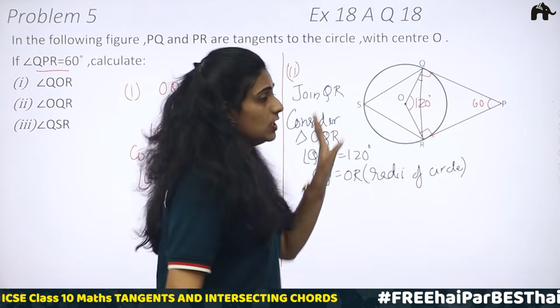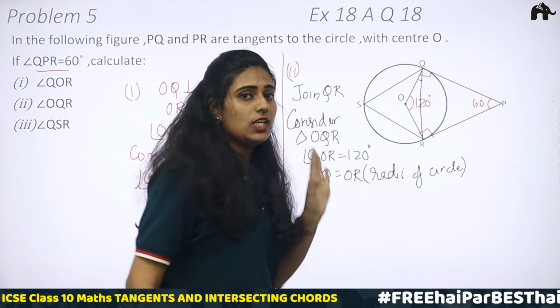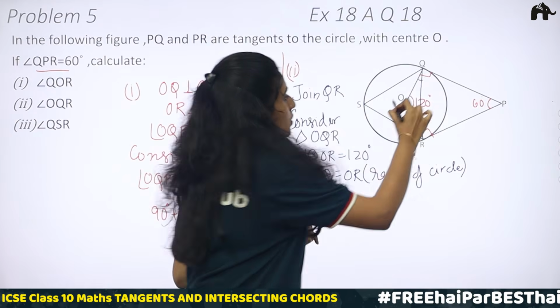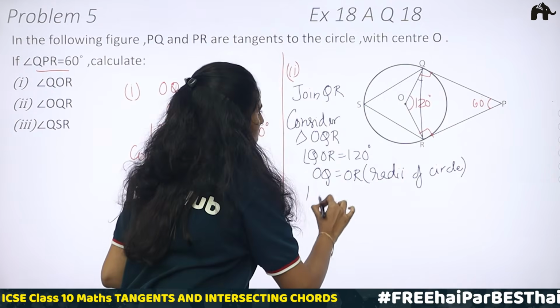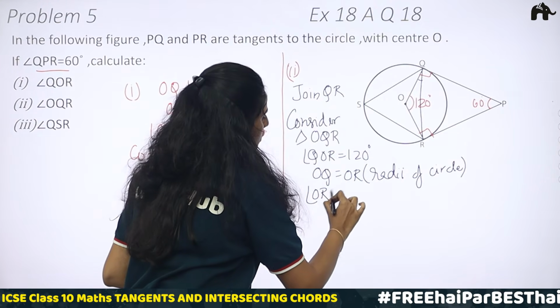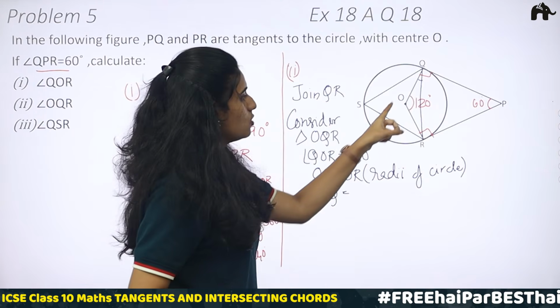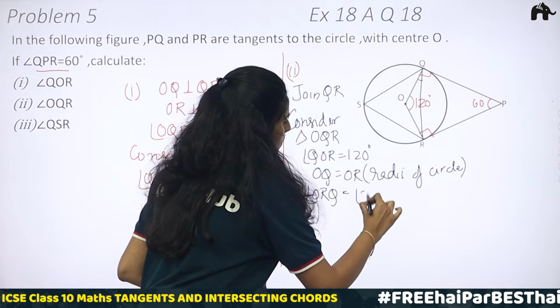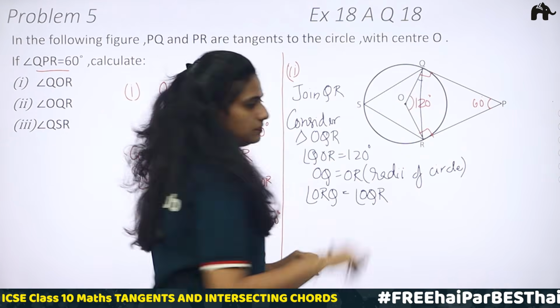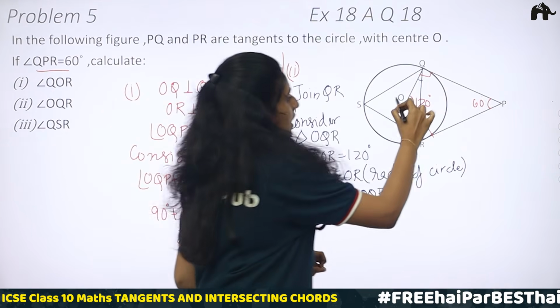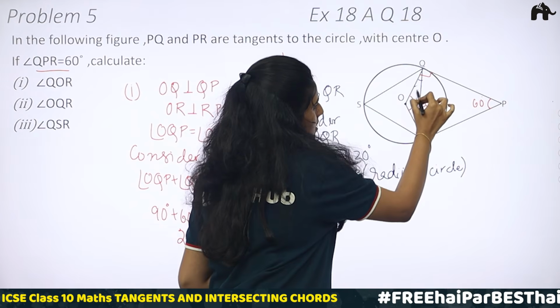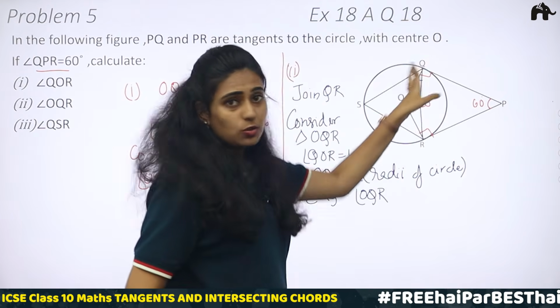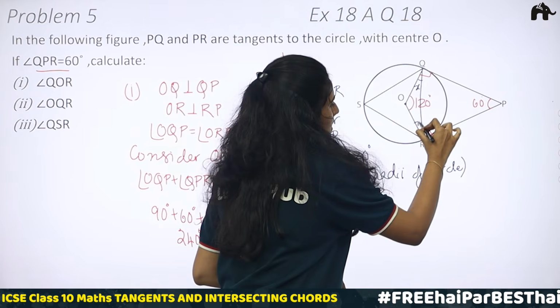Okay. From this we know that angles opposite to equal sides should be equal. Opposite to OQ we have angle ORQ, which will be equal to, opposite to OR, angle OQR. If I take this OQR as some x, then ORQ will also be equal to x.